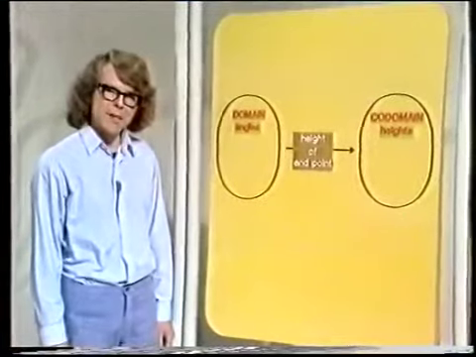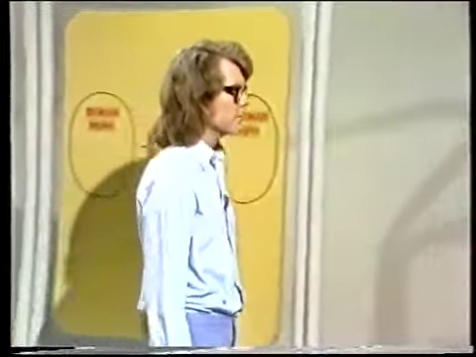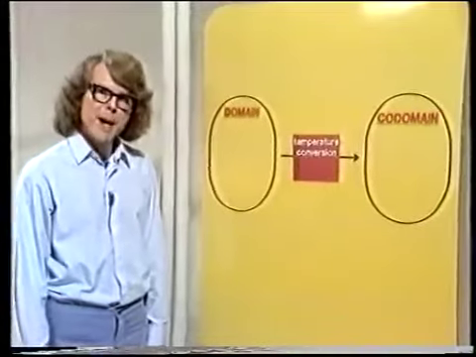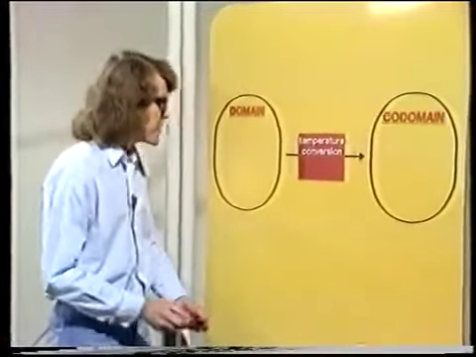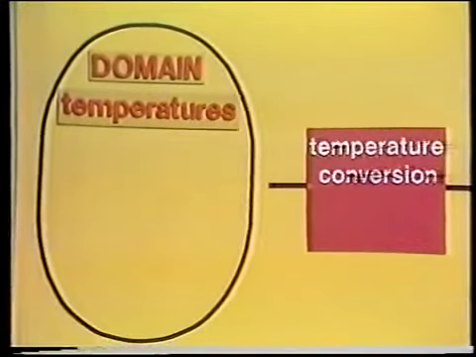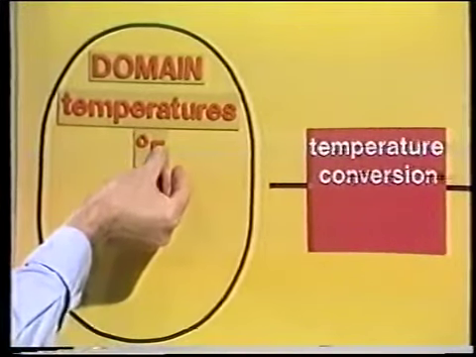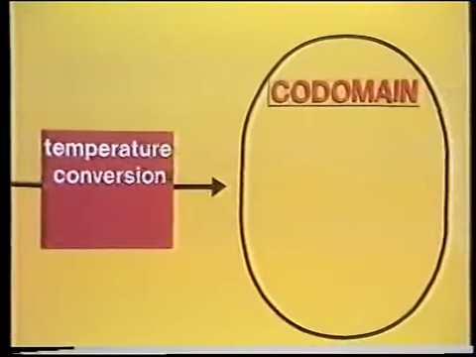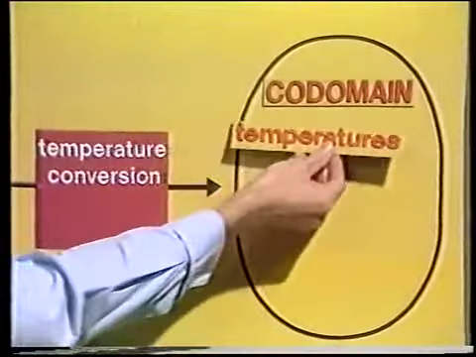Let's have a look at our last example. Well, the domain in this case will just be temperatures in degrees Fahrenheit. And the codomain, well, we can take for that temperatures in degrees centigrade.